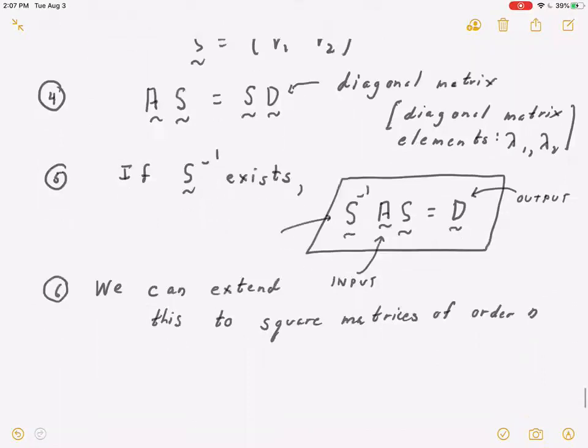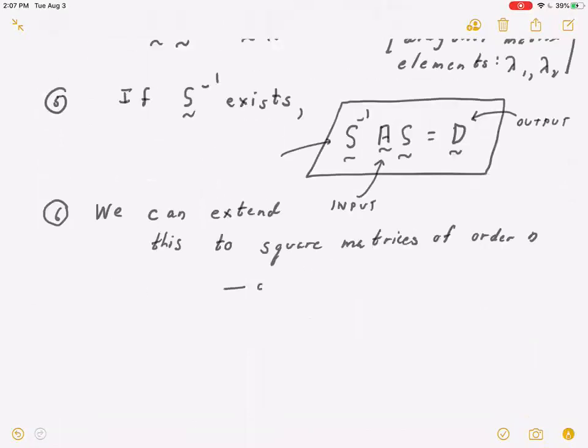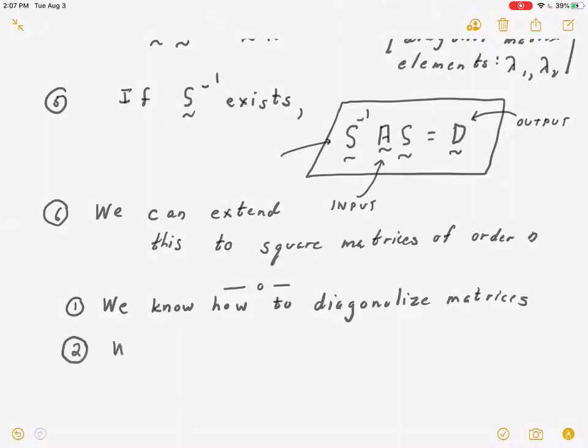Okay, so next, let's recap. We know how to diagonalize matrices. We've just done that. The next question we should address is, why should we want to, in fact, diagonalize a matrix?